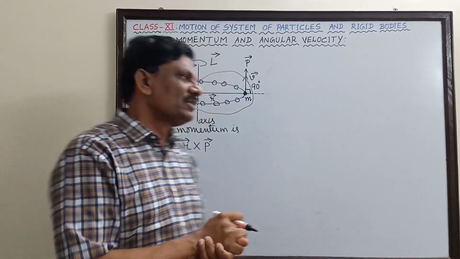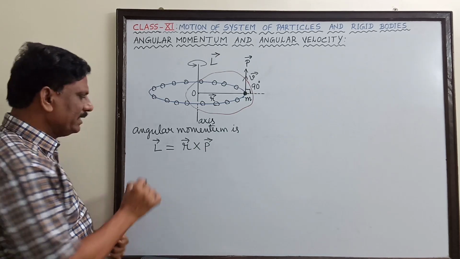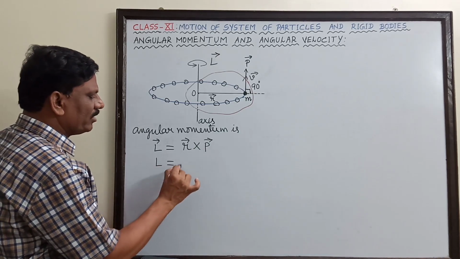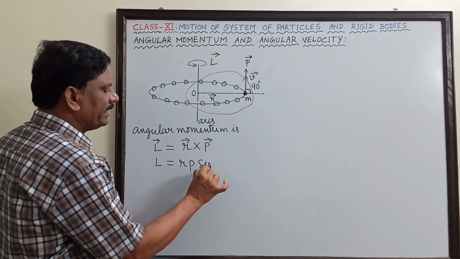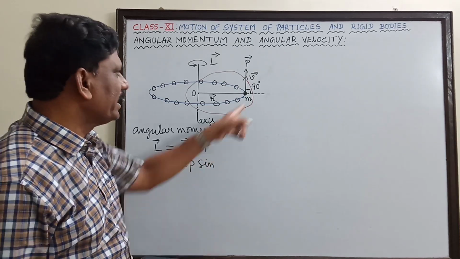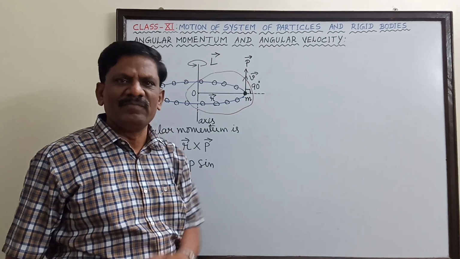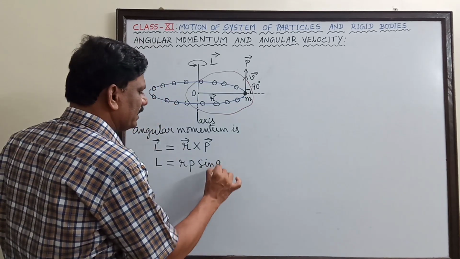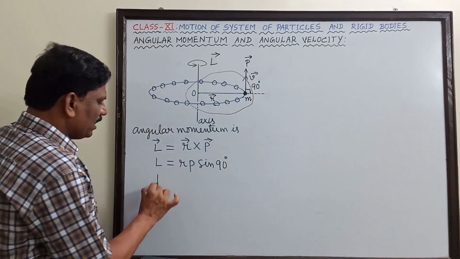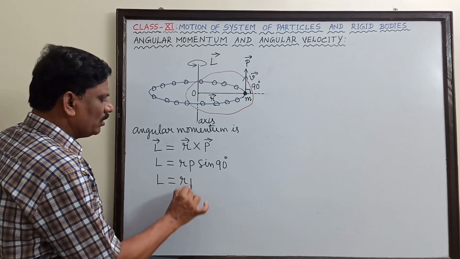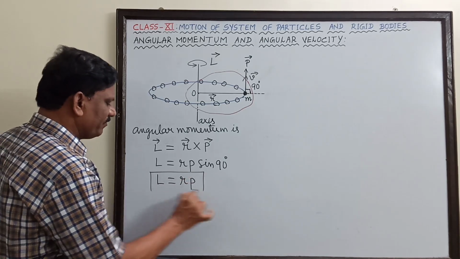Its magnitude is L is equal to r P sine theta. In this picture I have taken the angle theta equal to 90 degrees, the maximum value, so this is sine 90. L is equal to r into P. So this is the first step.